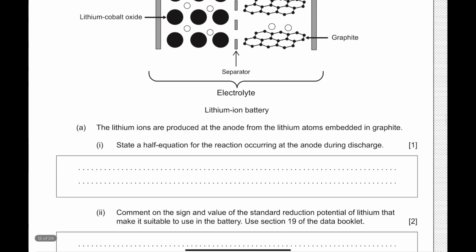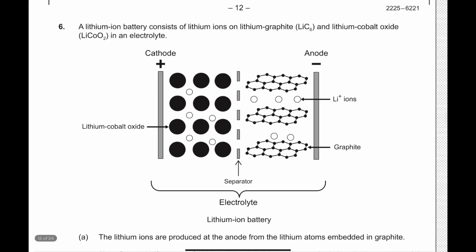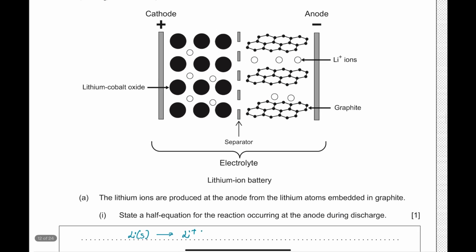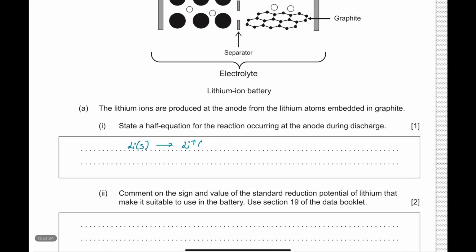Lithium, which is embedded in graphite as LiC6, becomes C6 plus Li, right? So Li solid will become Li+. Is Li+ in an aqueous solution? It's not given, so let's not provide any states here. We can just write Li gives you Li+ plus an electron. That is the half equation for the reaction occurring at the anode.